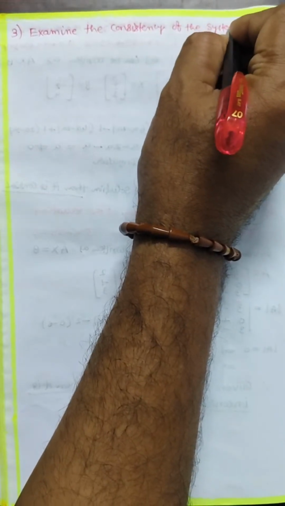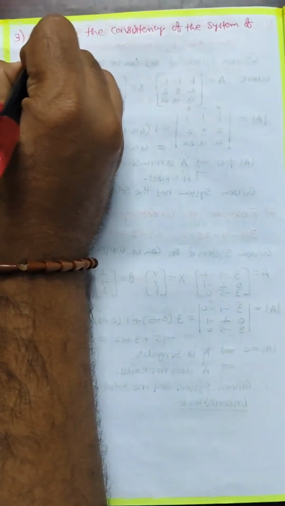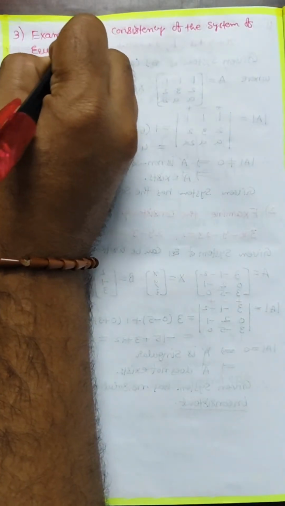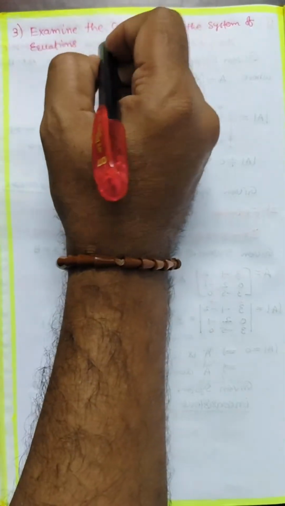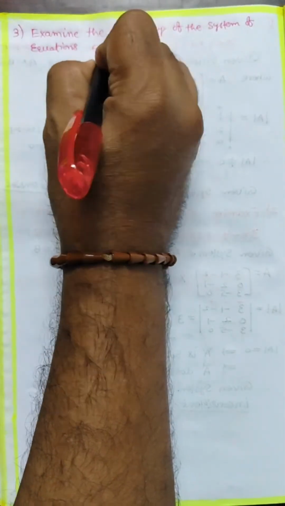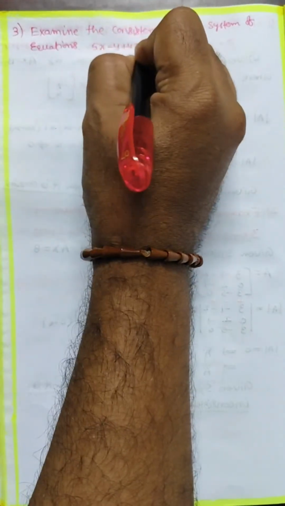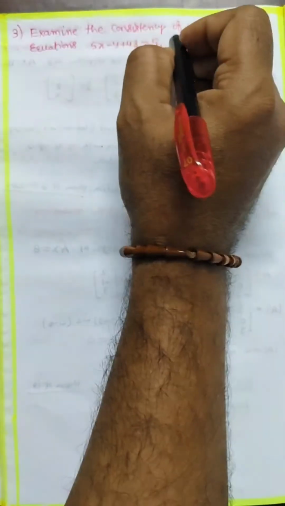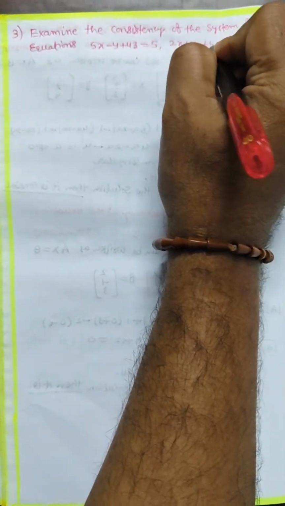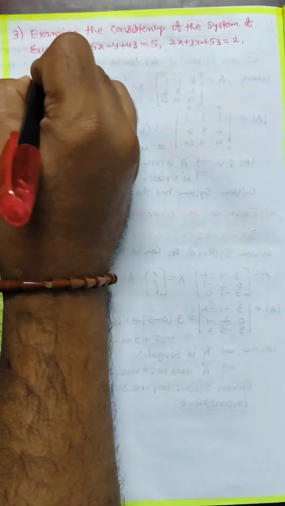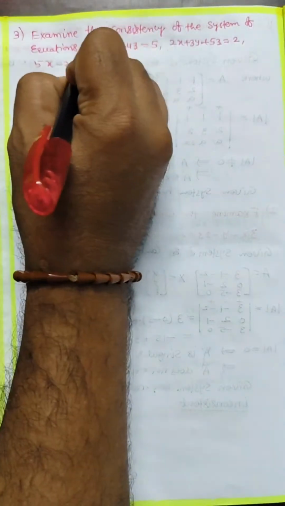What are those equations? 5x minus y plus 4z is equal to 5, 2x plus 3y plus 5z is equal to 2, and 5x minus 2y plus 6z is equal to minus 1.